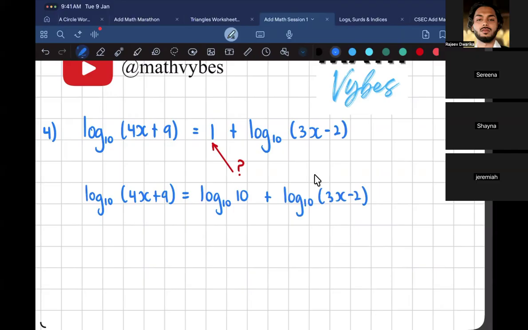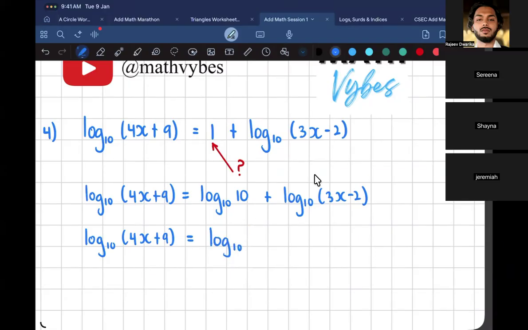I hate working with fractions, so I would prefer to do this. That would be log base 10 of 4x plus 9, and now on the right-hand side, log base 10 of 10 plus log base 10 of 3x minus 2. I have the same base and I'm adding, so I could write that as what?